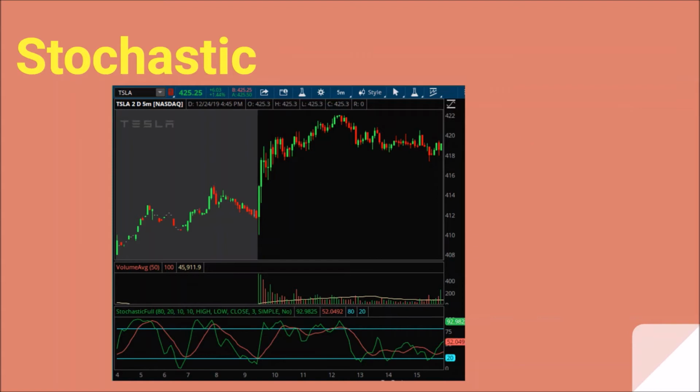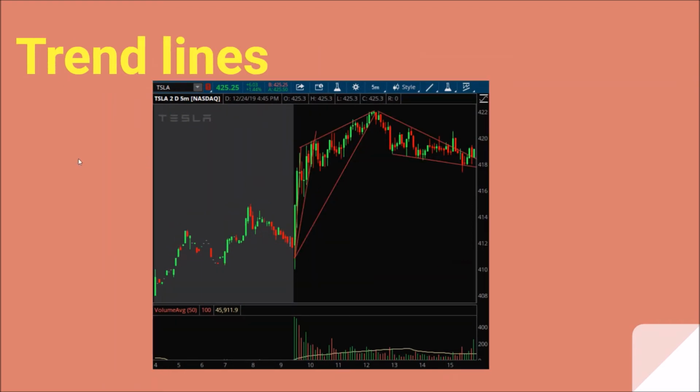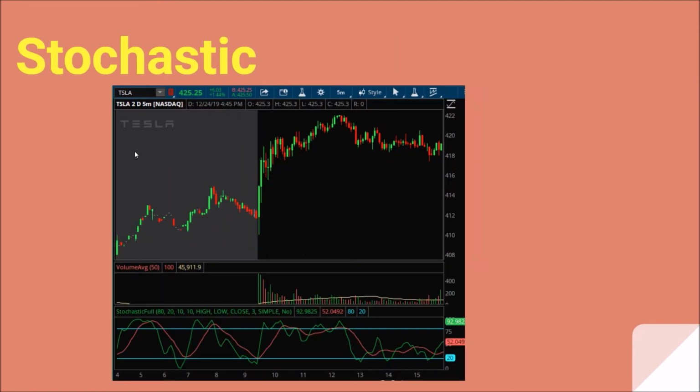And then stochastic. Stochastic is similar to MACD. When the green line of stochastic closes and stays above the stochastic red line, you can take a long trade, and exit the long trade when the stochastic green line closes or crosses below the red line.